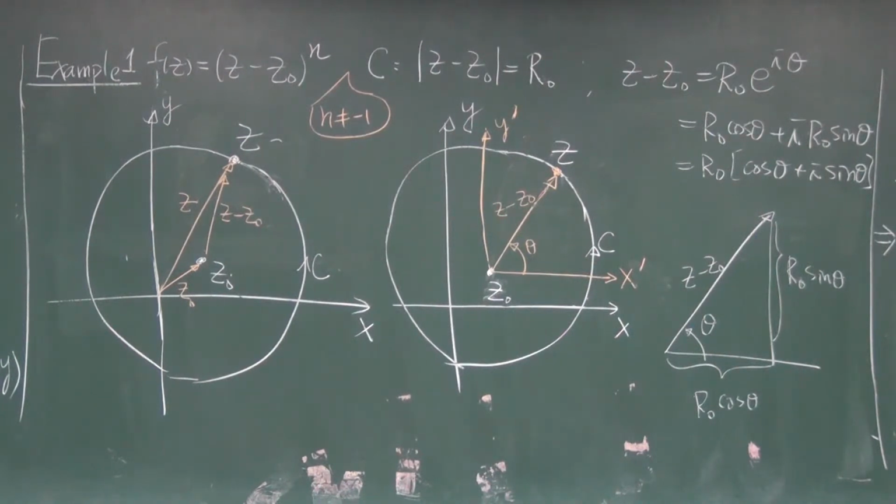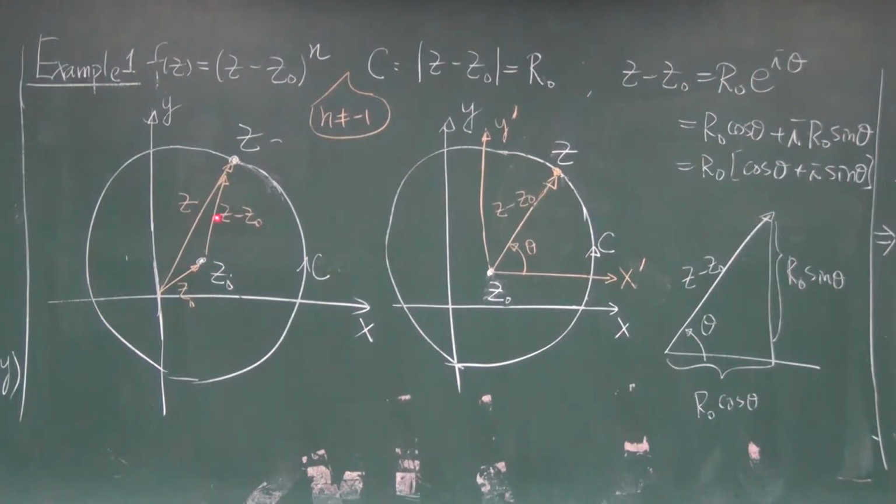Now we can apply a local coordinate at the center of the circle here. We draw a local coordinate, and then this vector has an angle theta, and in this way we can express the term z minus z0 in terms of theta and r naught.